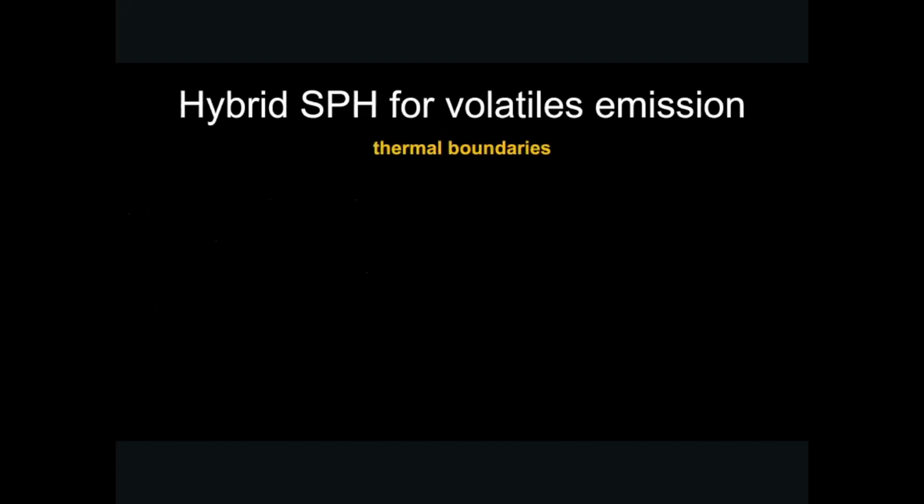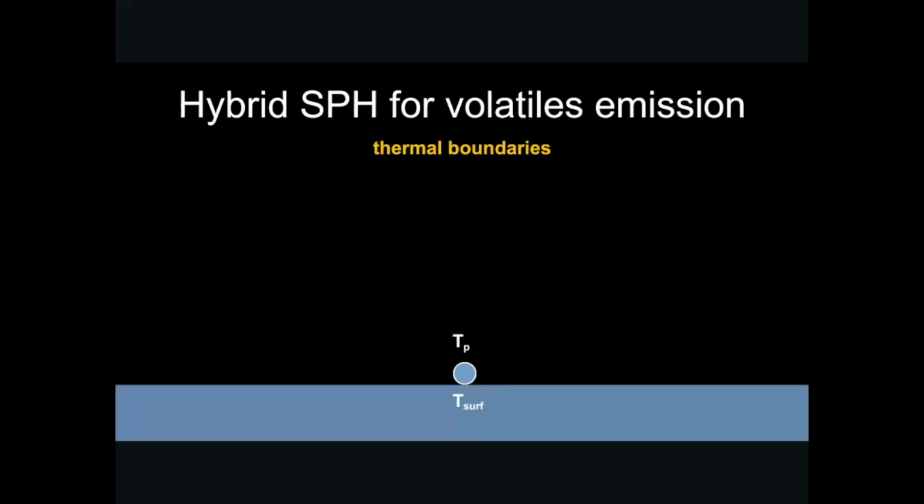And then you also want to consider that your solid boundaries may have a temperature. So imagine a very simple situation where you have, again, a flat surface, with its own temperature, even if it can be a function of position and time, and the same stands for the particle.